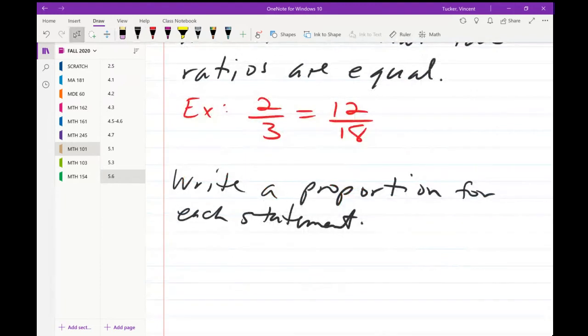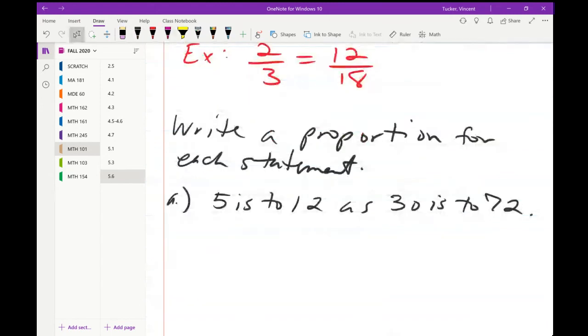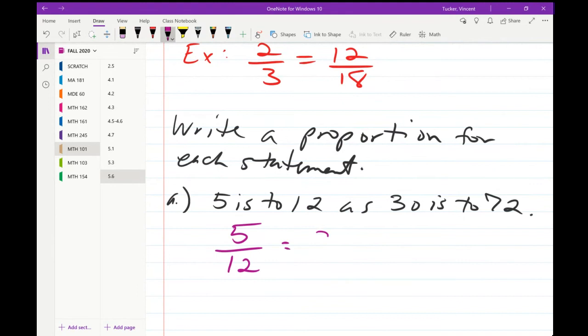All right, so first exercise I see here is to write a proportion for each statement. And so the first one, 5 is to 12, as 30 is to 72. So you just write 5 over 12 equal to 30 over 72.